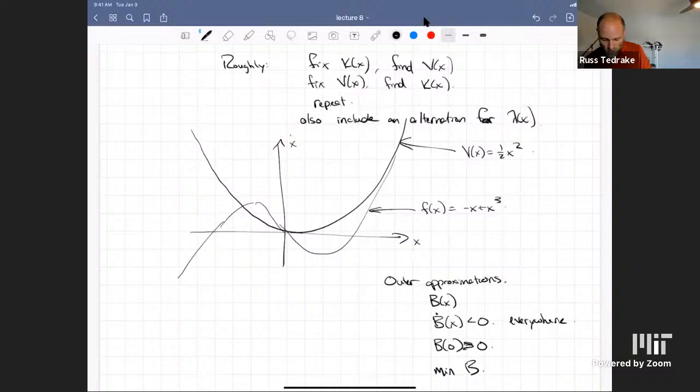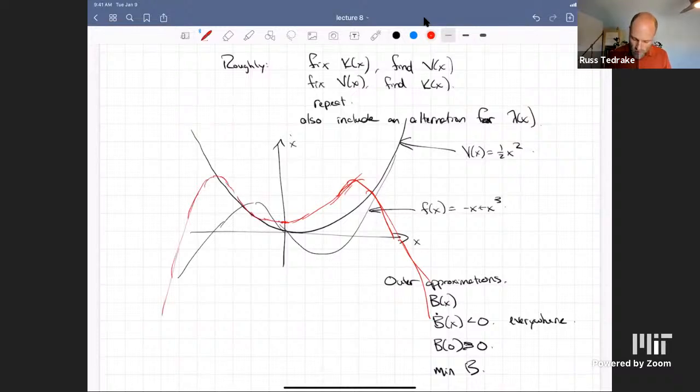And then I want to minimize B. Okay, so if you do something like this, let's say I picked some small number at 0. In order to satisfy the dynamics, I have to have a function that looks kind of like this. Remember, when I'm here, it's going this way.